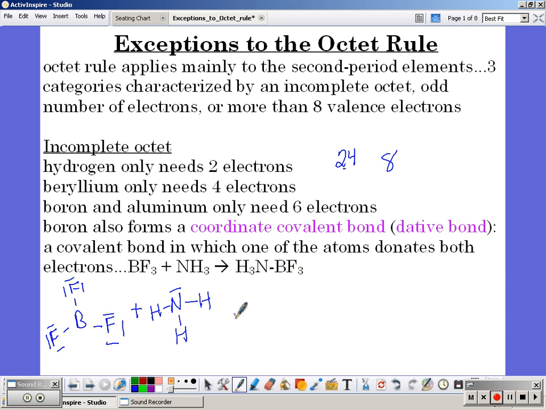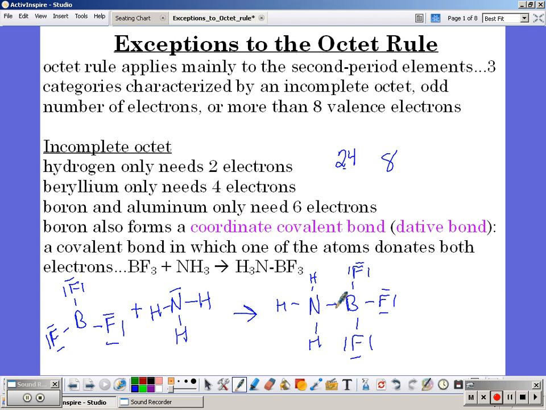So then we get a structure that looks like this. The nitrogen is donating both electrons that are being shared, which is what a dative bond is.